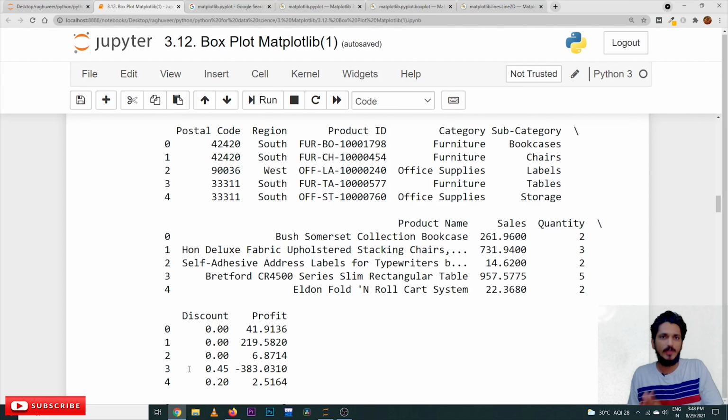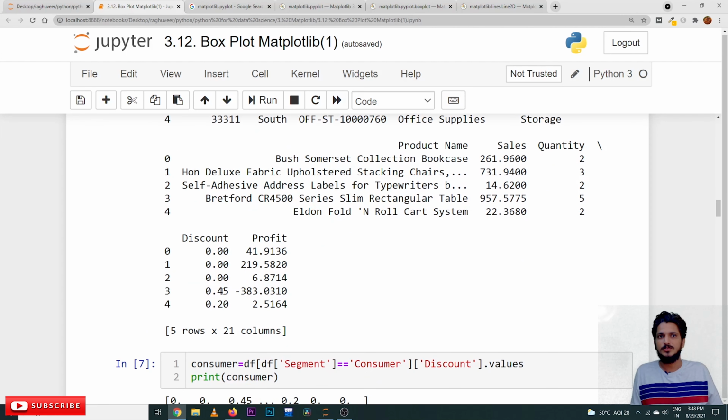Less than 0.5 means 50% discount, 25% discount, 45% discount, 75% discount. The discount value shows that 0.00 means no discount, 0.45 means 45% discount, 0.20 means 20% discount is given on this product. So how many products are having less than 50% discount?